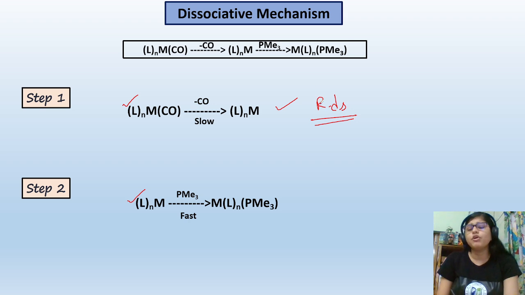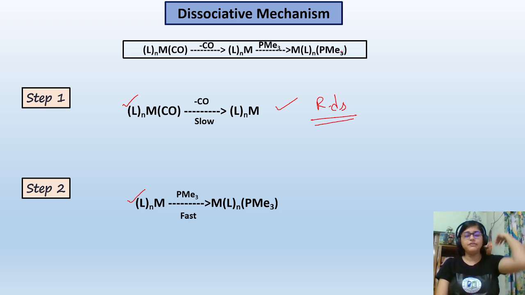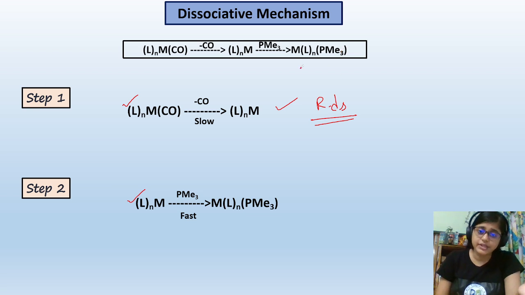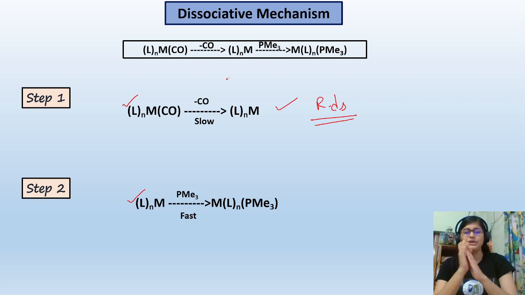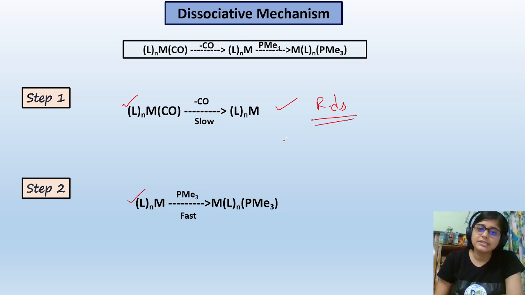I have made many videos on kinetics, where I explained why slow steps are rate determining steps, and gave one simple example. So RDS means rate determining step; the rate depends on that step.